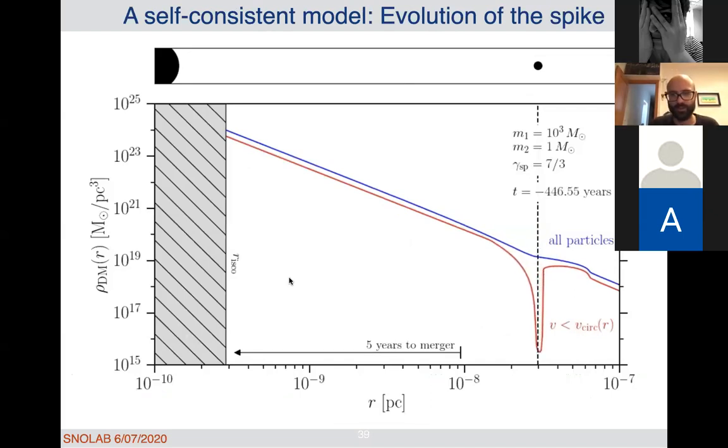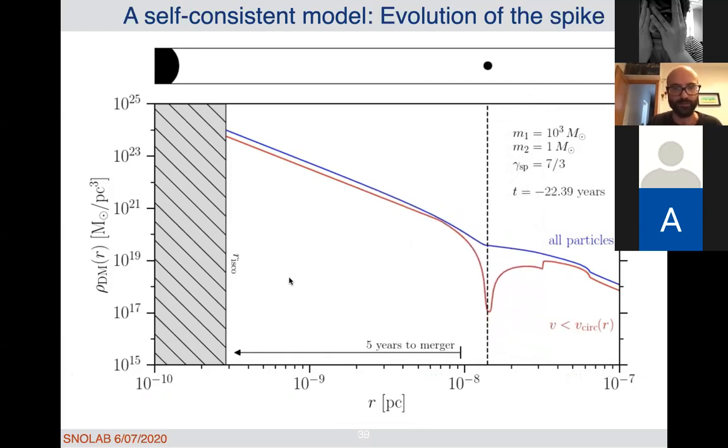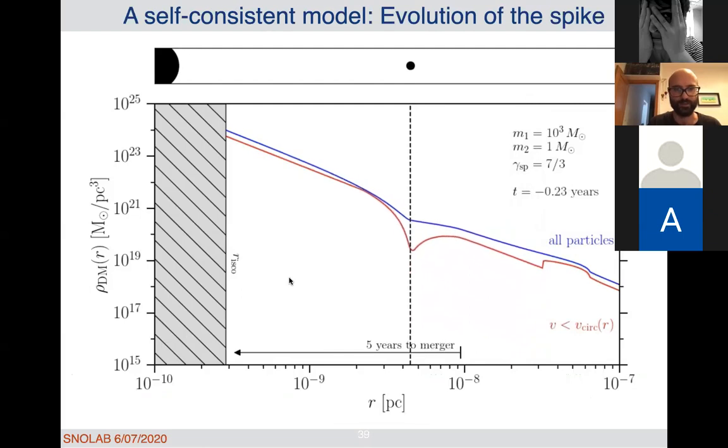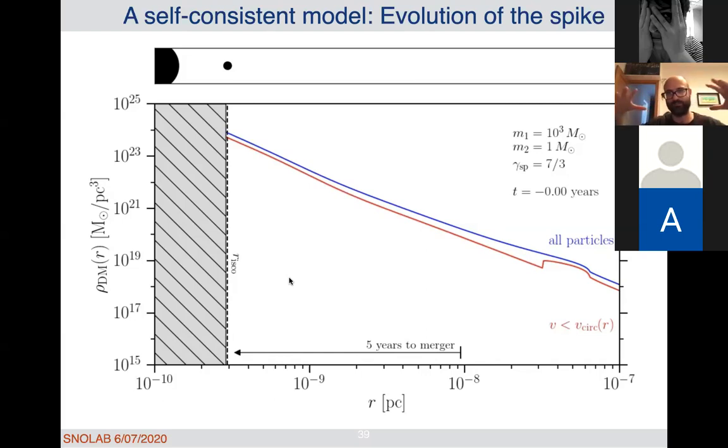And here you see the evolution of the profile of the dark matter spike during the inspiral. And you can see that while the inspiral progresses, the dynamical friction is pumping energy into the spike and is moving particles to larger energies, so to basically less bound and outer orbits, and is therefore altering the profile of the spike.